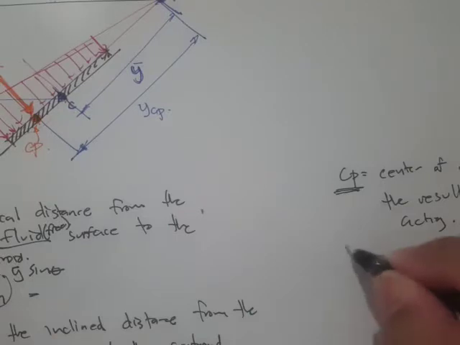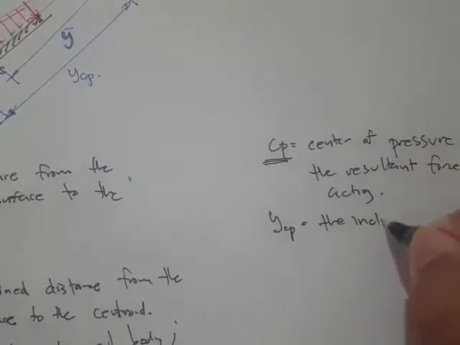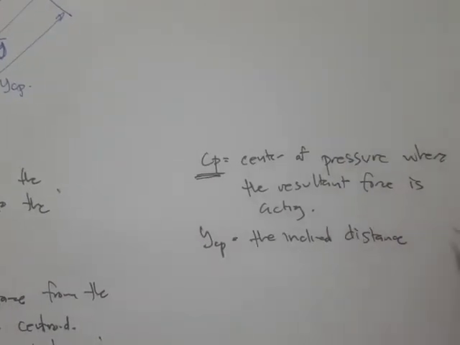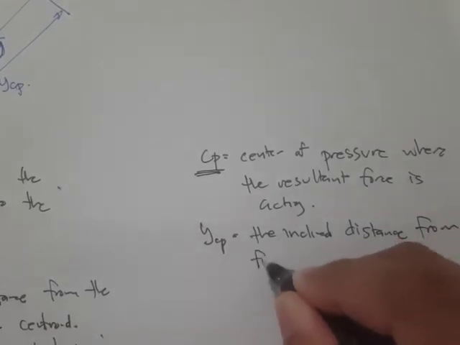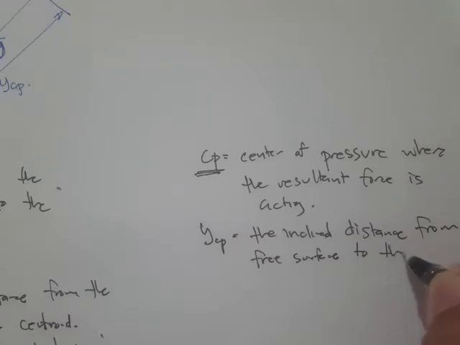Y sub CP is simply the inclined distance from the free surface to the center of pressure.